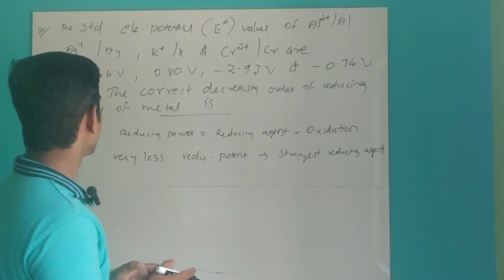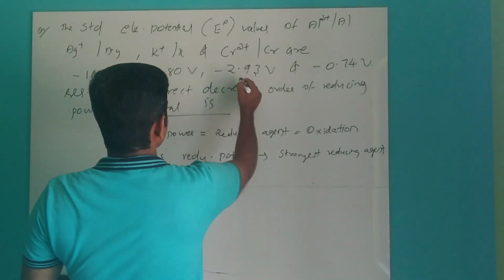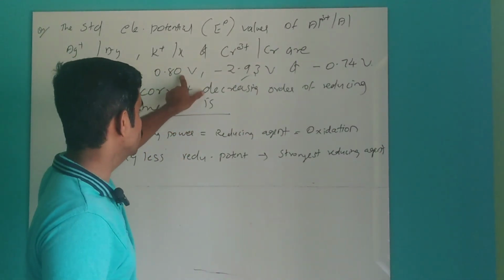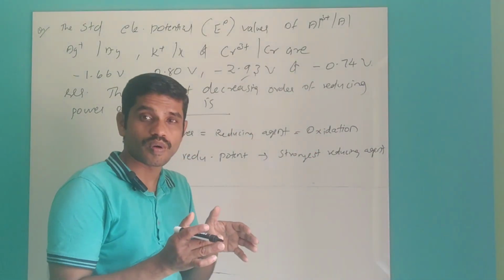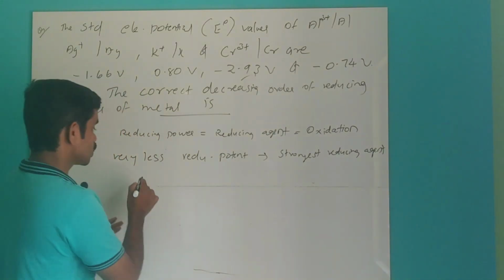You see, this is the lowest value, minus 1.66, 0.80, minus 2.93. So a higher negative value is a lower value. Okay, that also you should remember.